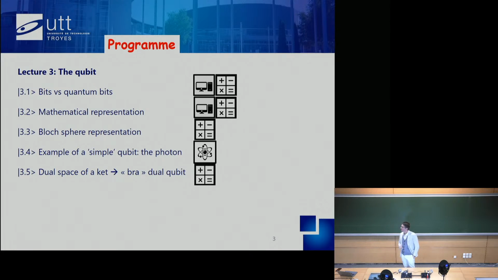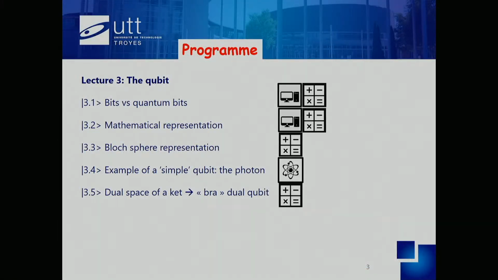Then I will talk about an example of a simple qubit, and for that I will take the single photon as a qubit, and in particular I already mentioned that I will talk about how we can encode a quantum bit onto the polarization state of a photon. And I will give you some demonstration of what we actually do in the lab every day. And then I will finish by some more math, where I will talk about the dual space of a ket.